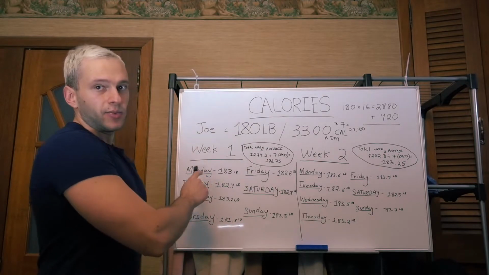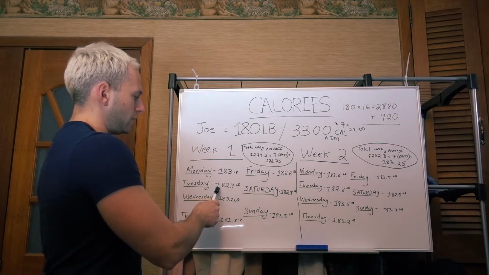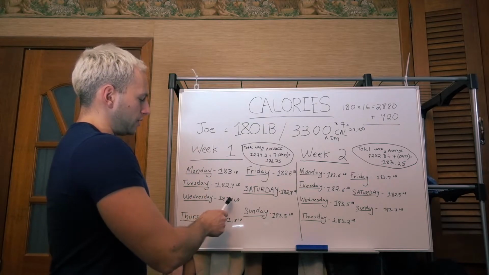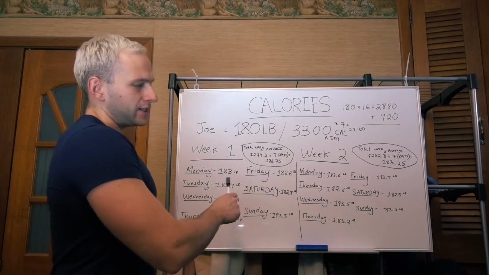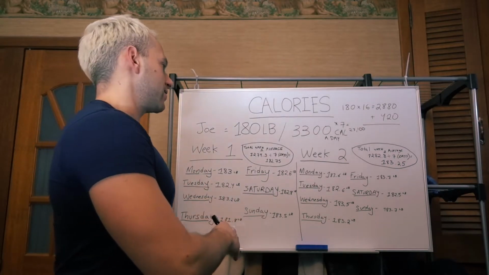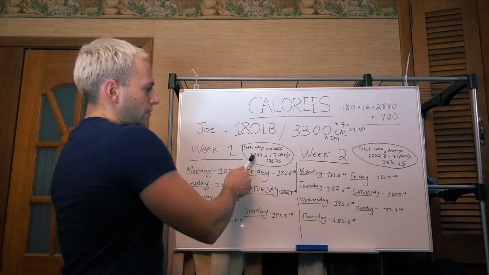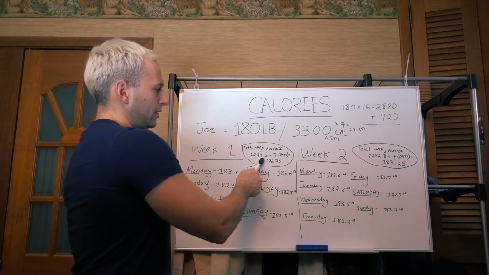So let's say on Monday, Joe got 183 pounds, Tuesday he got 182.4, Wednesday 183.2, and so on Thursday, Friday, Saturday, and Sunday. So he would do this for a whole week, 7 days, right? So if we go ahead and add all those 7 days, you're going to get 1,279.3.